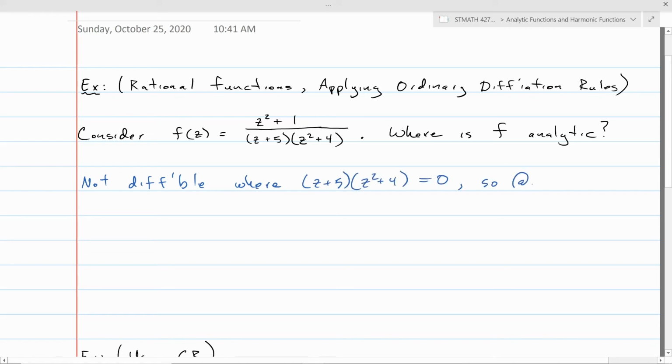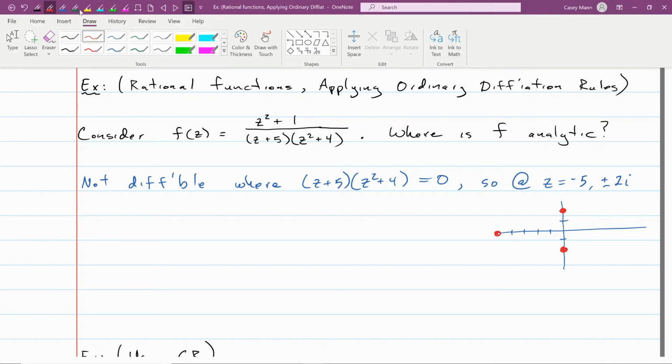So z equals negative 5 and plus and minus 2i. But those points are very isolated, right? If I take a point that's not equal to negative 5 or plus or minus 2i, these red points are our places where the denominator is equal to 0, so where we have non-differentiability. But as long as you move away from those points, you can always find a neighborhood.